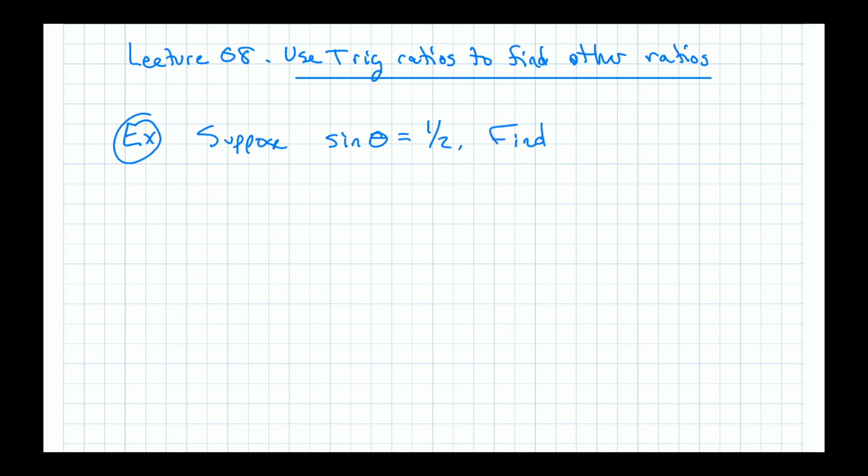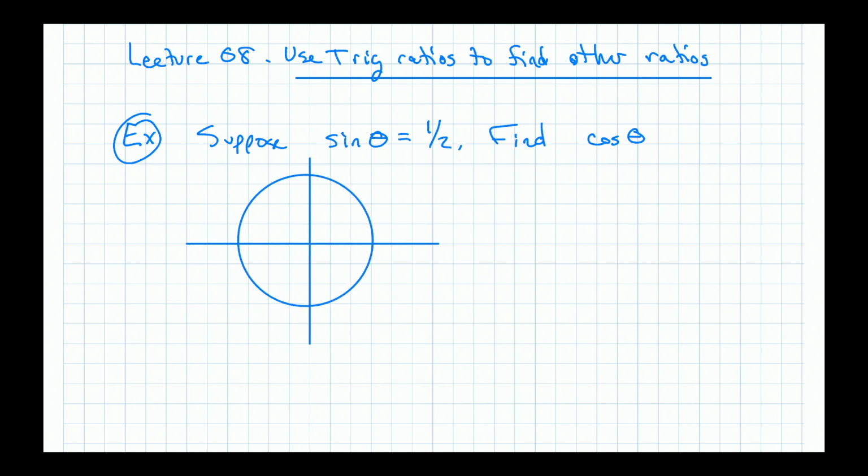Find cosine of theta. You would be able to do that with some effort. The problem is, if they tell you that sine theta is 1/2, you would have to go to the unit circle. Drawing a unit circle, good enough.